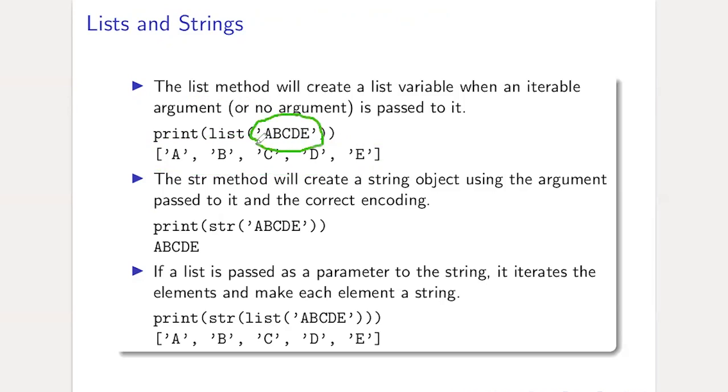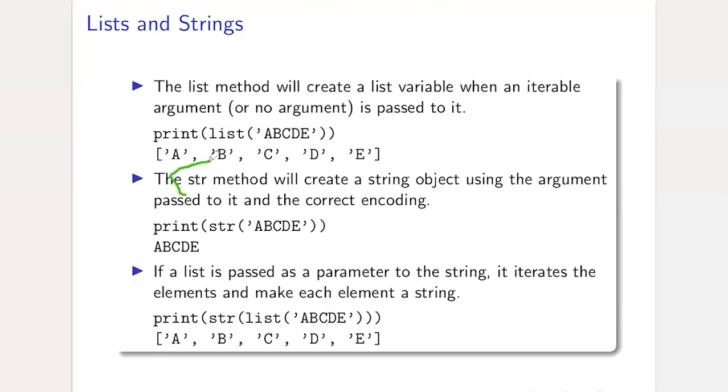A string is an iterable collection of characters. A, B, C, D, E. These are individual characters. You can iterate one by one. So when you use the list function, it will iterate through this collection one by one and fill that into a list. So you get a list like that.